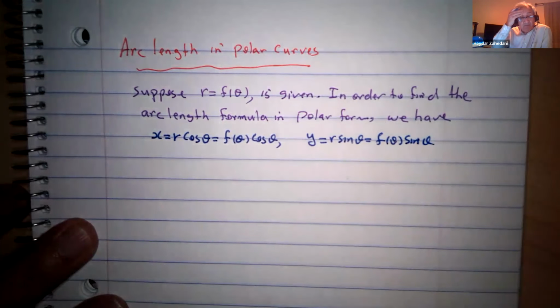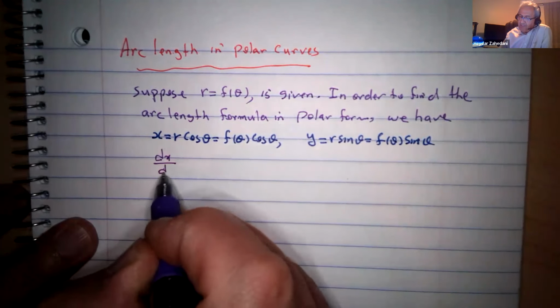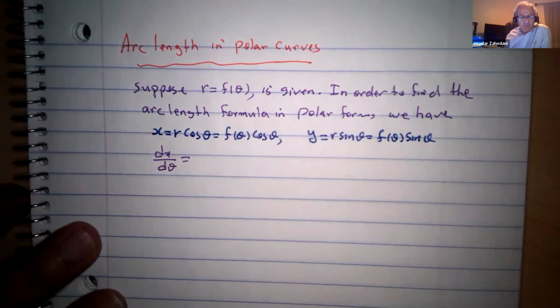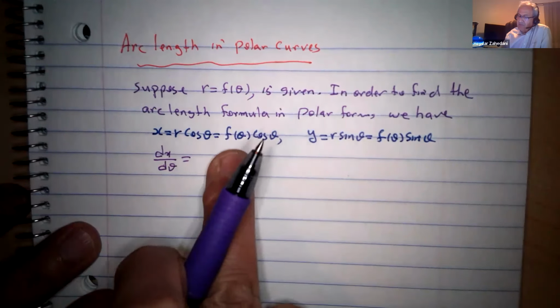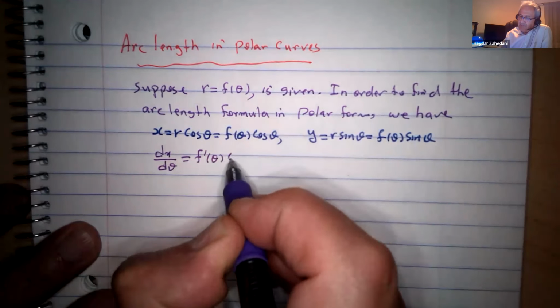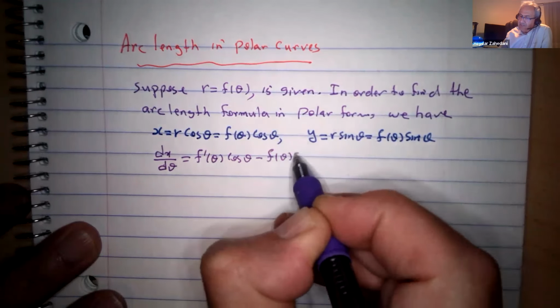So we already got these formulas. We find the derivative dx d theta. Remember, use the product rule: the derivative of the first times the second, plus the second times the first. So f prime of theta times cosine of theta, and the second times the first would be f of theta sine of theta.